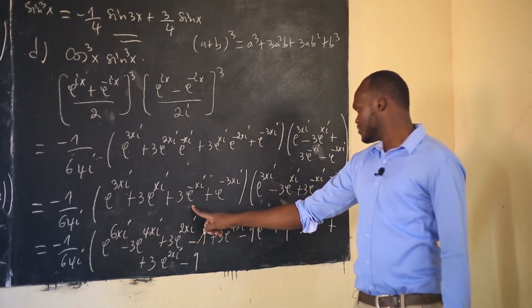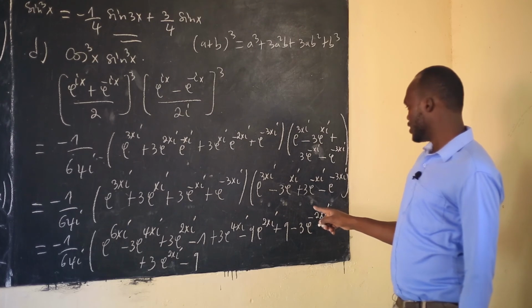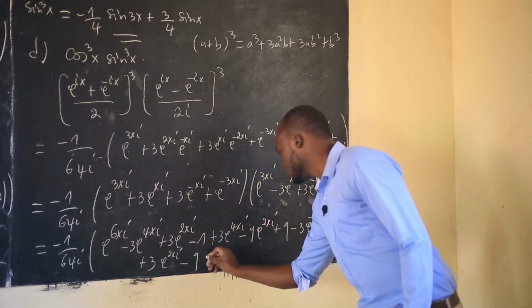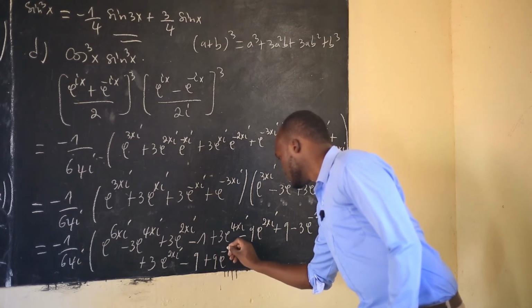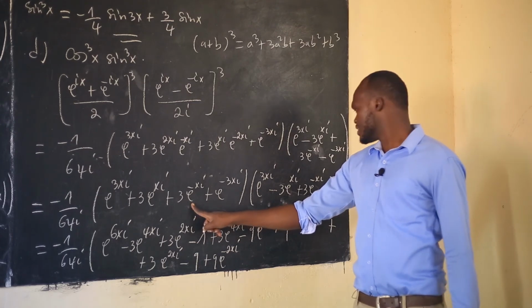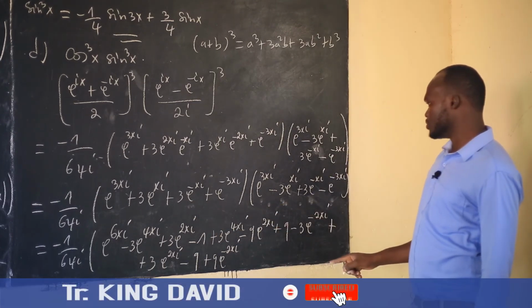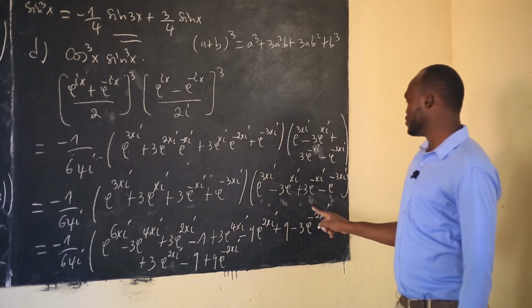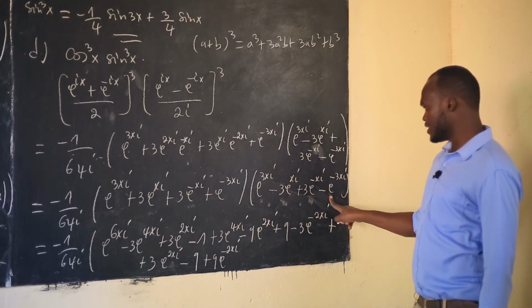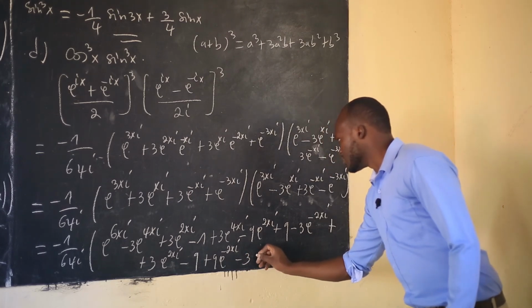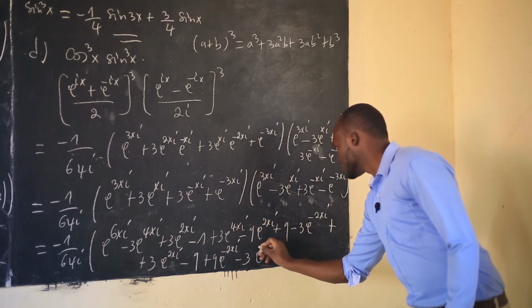Then 3e^(-xi) times 3e^(-xi), that is 9e^(-2xi). Then 3e^(-xi) times negative e^(-3xi), that's negative 3e^(-4xi).